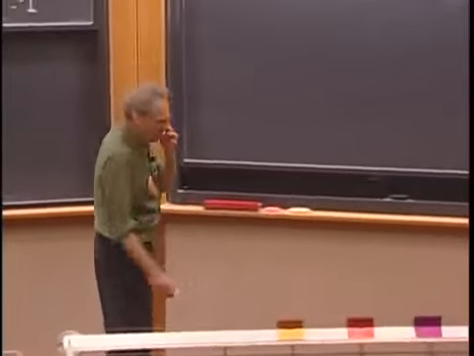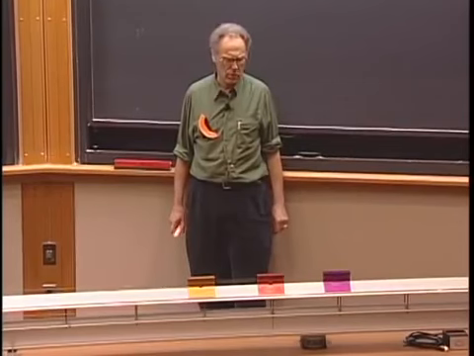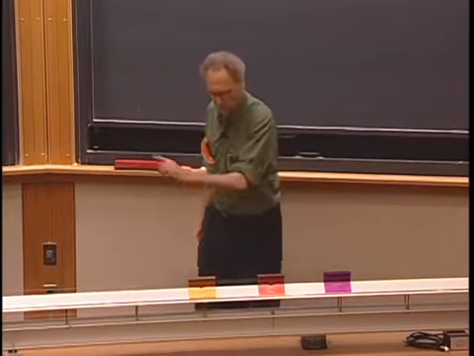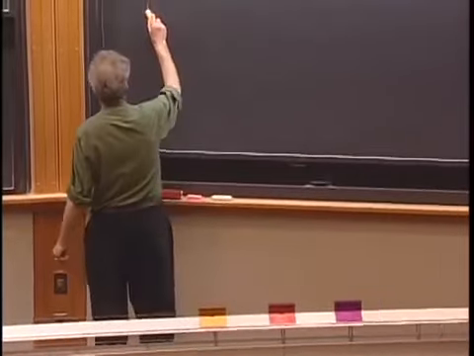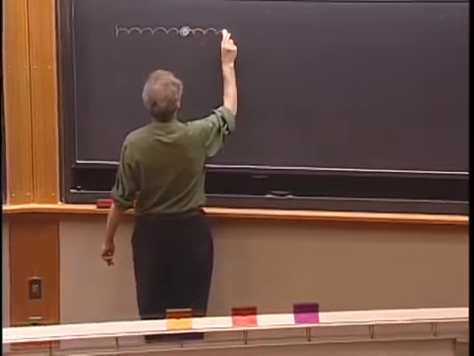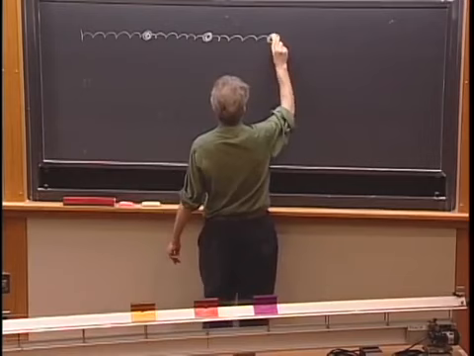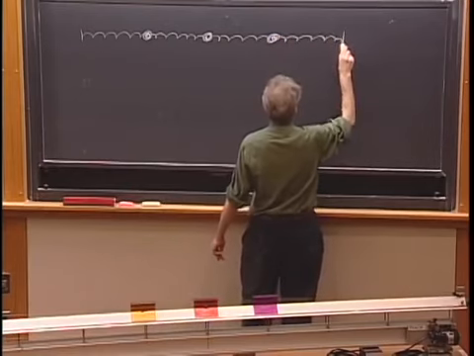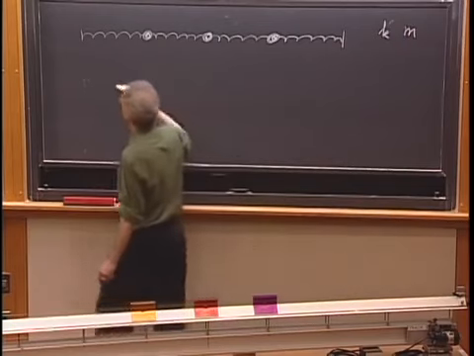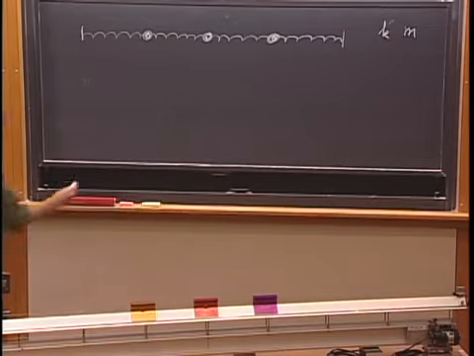So now we're going to evaluate a system which would take you an hour and a half to work out with the general recipe. And that is 4 springs and 3 cars. 1 car, 2 car, 3 car, and all springs have spring constant k, nicely symmetric, you would think, and all objects have mass m.